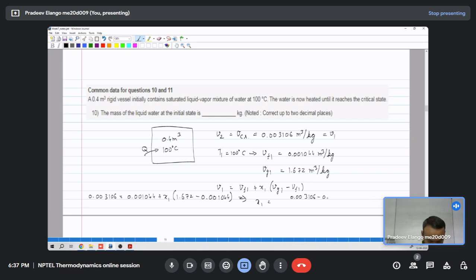as 0.003106 minus 0.001044 divided by 1.672 minus 0.001044.